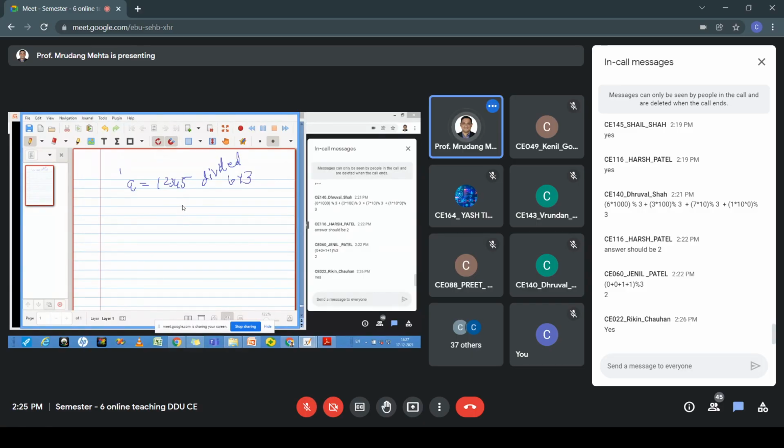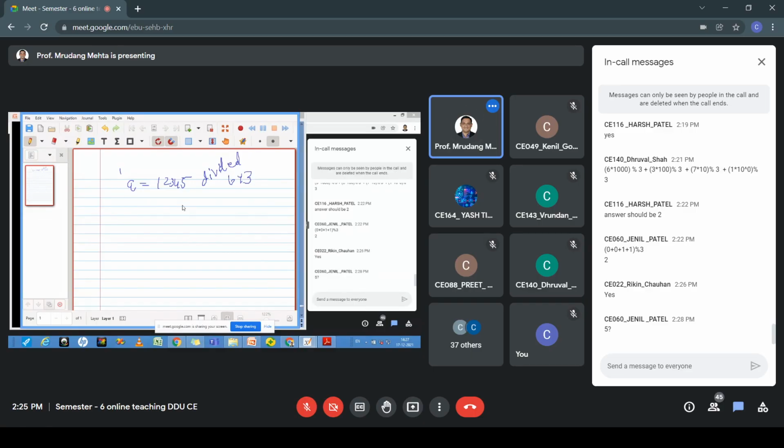What is the answer? 5 plus 4 plus 3 plus 2 plus 1. 15 divided by 3.